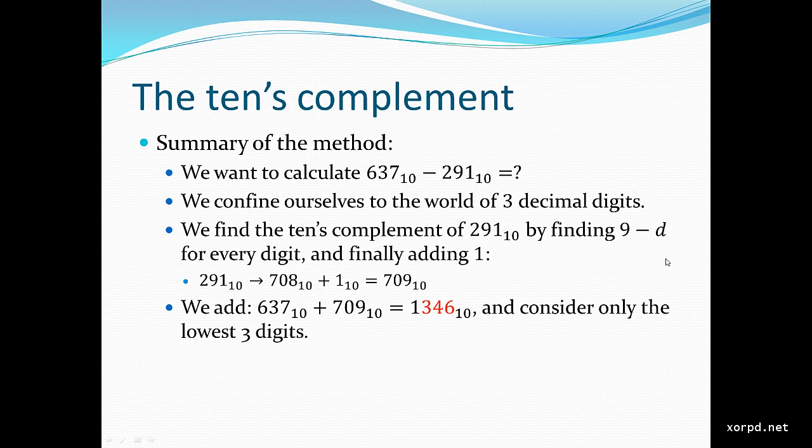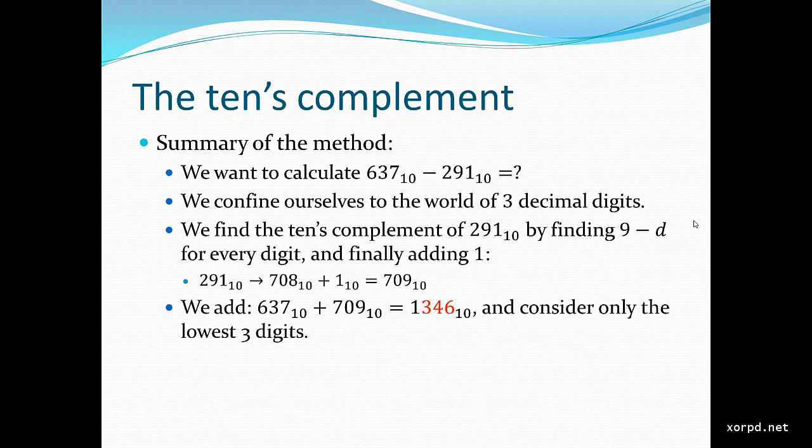Finally, we add those two numbers and we get a result, which is a bit too large. We have this first digit 1 that we will have to remove. We consider only the lowest 3 digits. That is because we confined ourselves in the beginning to the world of only 3 decimal digits. We have to be consistent with our choice.